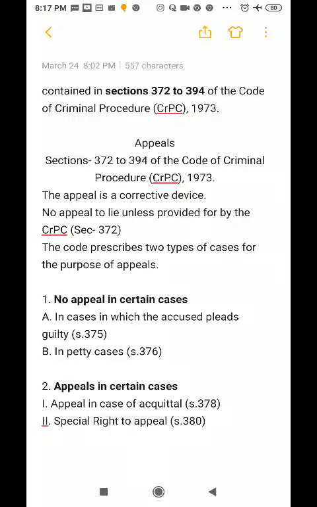Then, if they have sufficient proof, they can go ahead with that appeal.